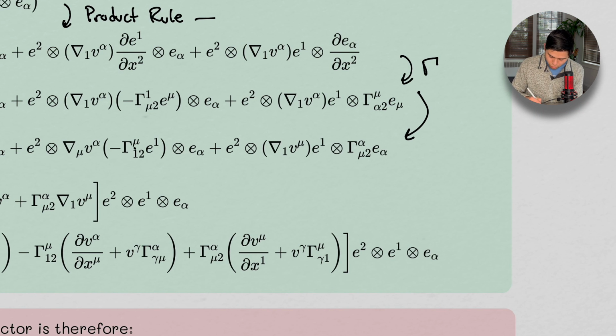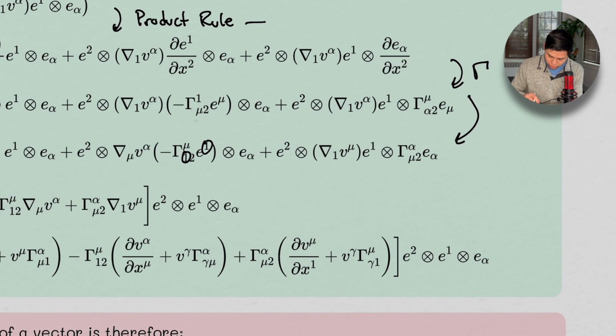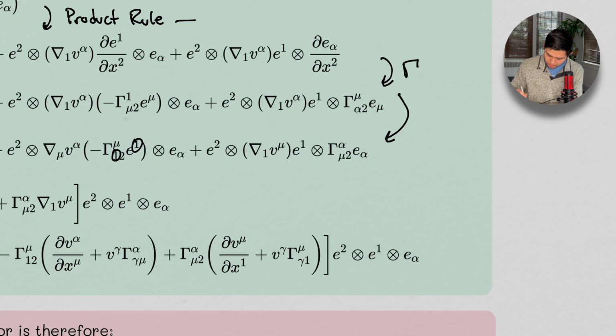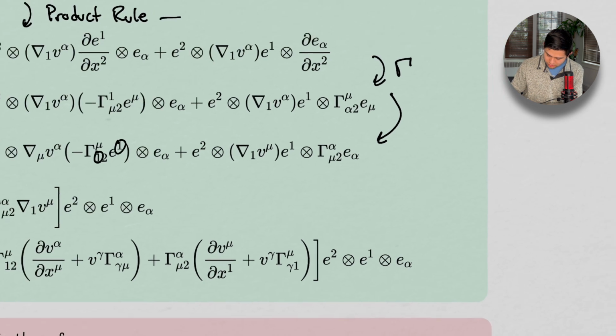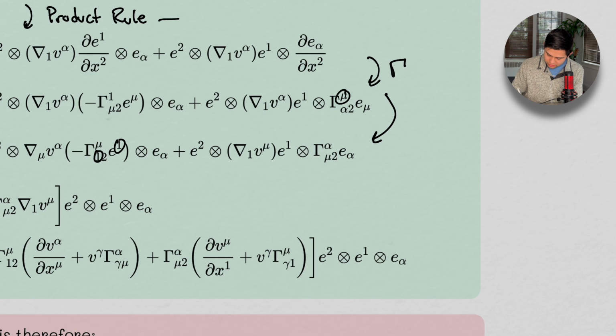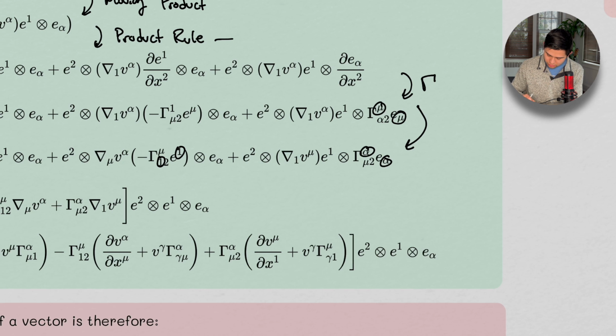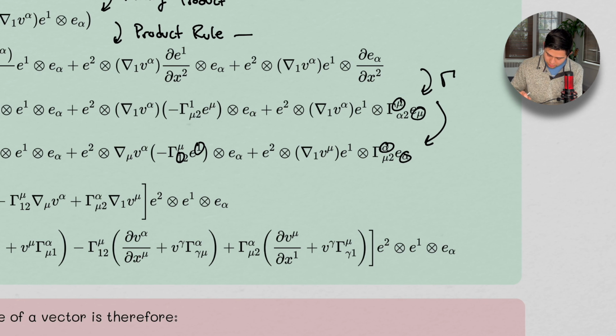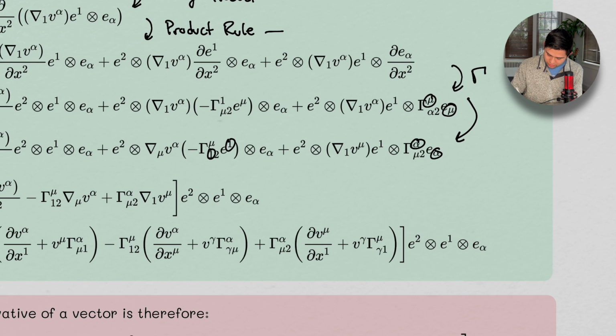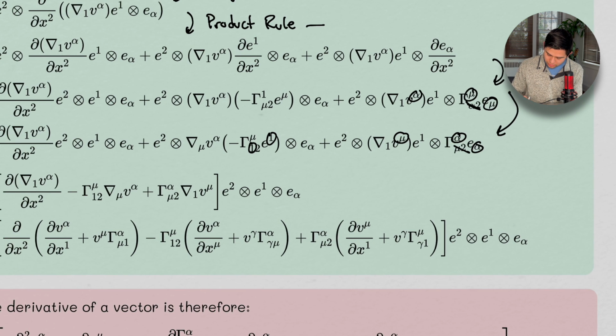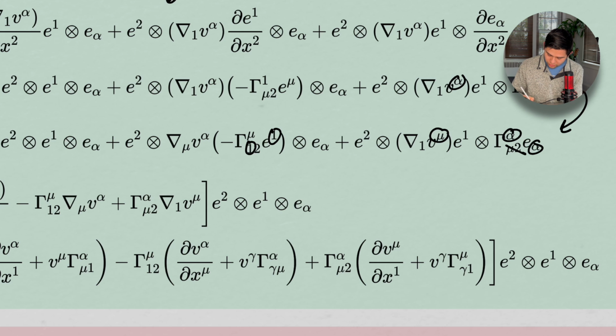So we can make this a 1, so we make mu's 1s, all right, and this is a dummy index, so we can change those dummy indices, all right. And again, dummy index, we're changing alpha. So here, changing mu's to alphas. So we have to do the same here.